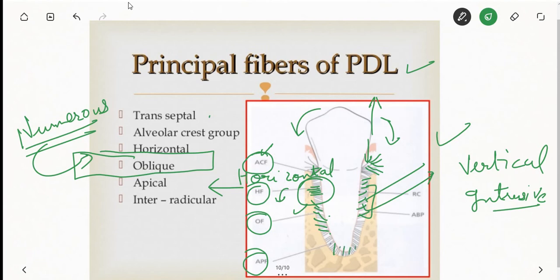The apical fibers radiate from the apical region of the tooth to the surrounding bone. They will resist luxation force.